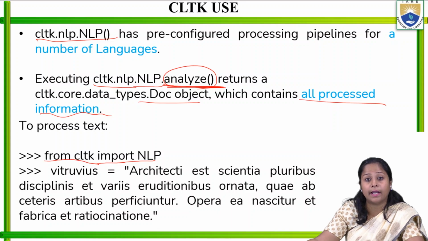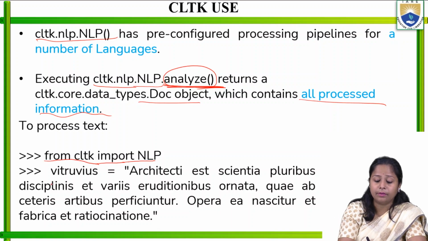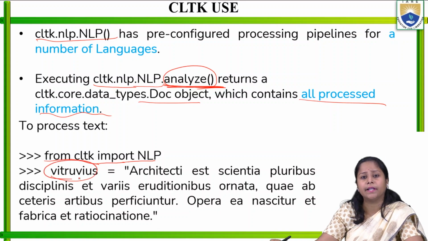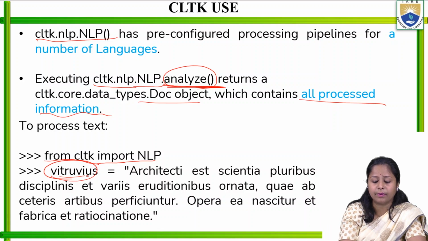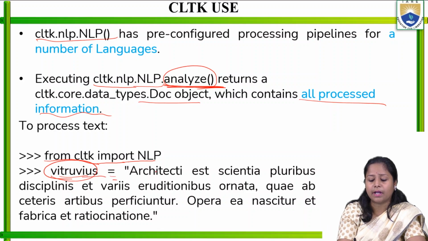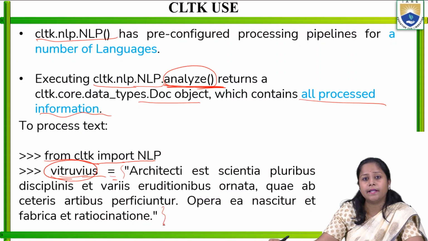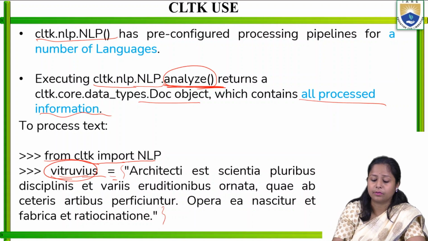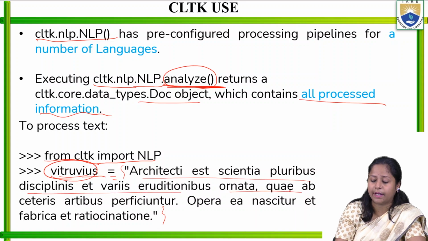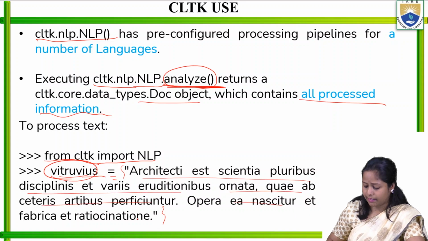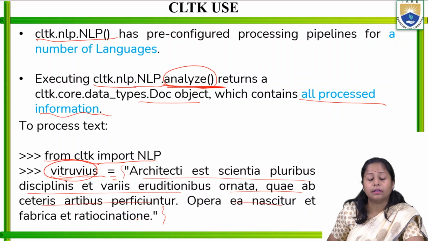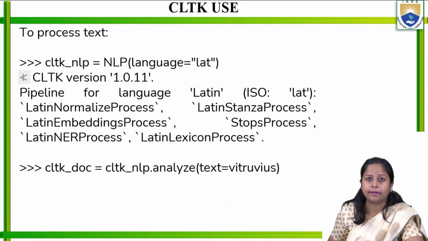Here we are using the Latin language. So I will create one object, virtue virus, equal to a sentence written with double quotes, written in the Latin language, and then in the next line I need to call this object that I have created.